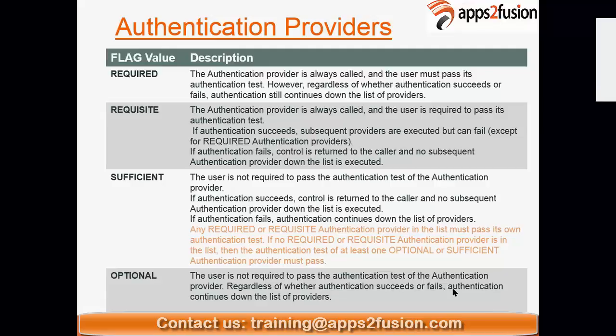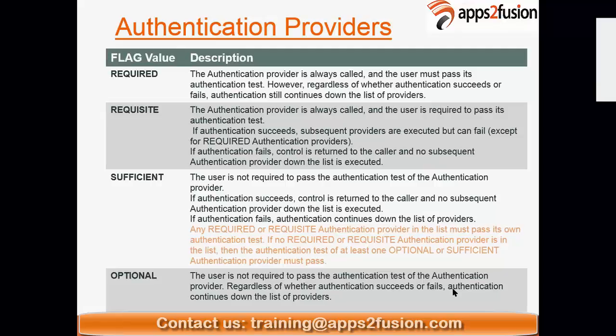Requisite is something which is always called an authentication provider. Requisite and required fall into the must category. If such authentication succeeds, subsequent providers are executed. But it can fail. If authentication fails, control is returned to the caller.